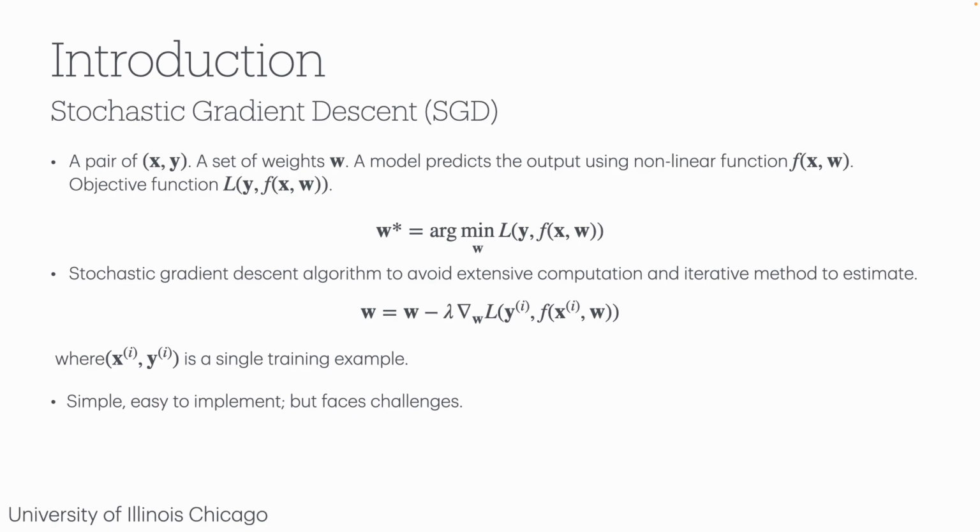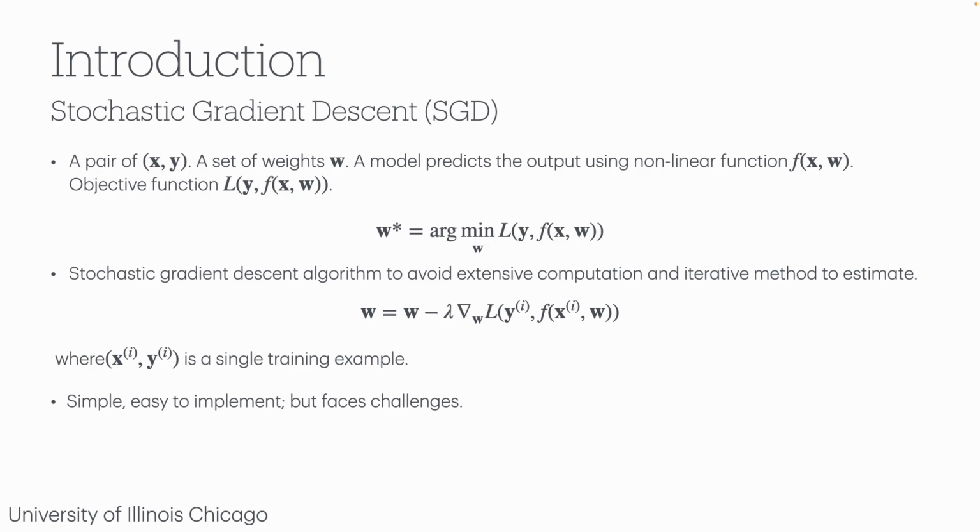A neural network model predicts the output using a nonlinear function f, and we define the cost objective function of the model as L. So here the nonlinear function f uses x and w to return the output. The aim is to find the optimal set of weights that returns the minimum cost.